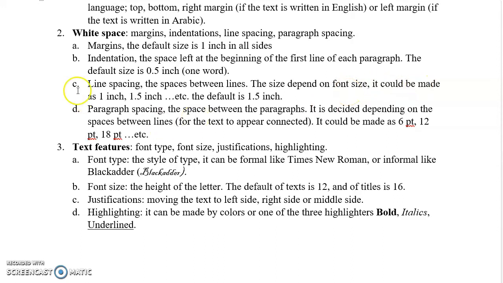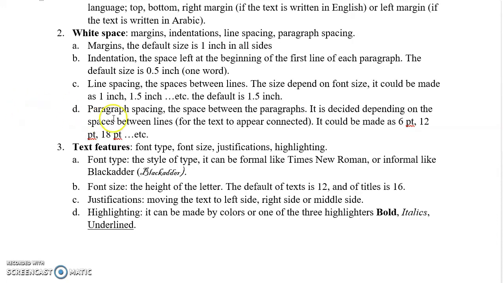It could be 1 inch or 1.5 inch, but not more than this. The default is 1.5. If the font size is too large, for example more than 20 or 22, you need more than 1.5 inch between the lines.